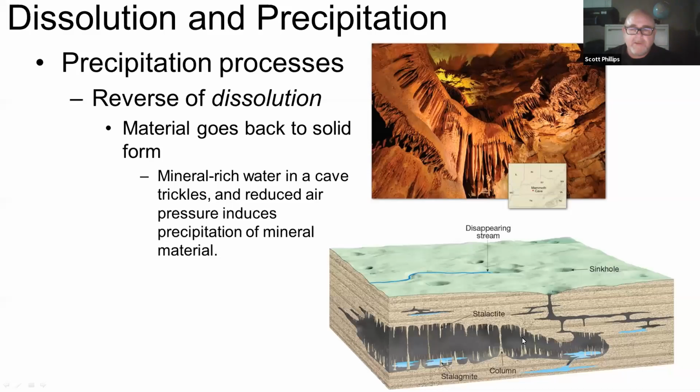One, the cavern material gets dissolved away, empties out the cavern, but then as water is dripping into the cavern, some of it will come back into solid material, and that's why you have these different features hanging from the ceiling, coming up from the floor. That's because as the water drips, there is this very, very slow process of material coming back into solid form. It can take thousands of years to create these features.